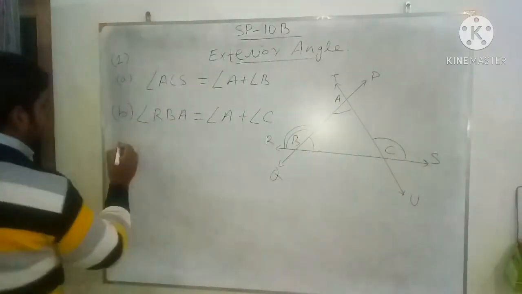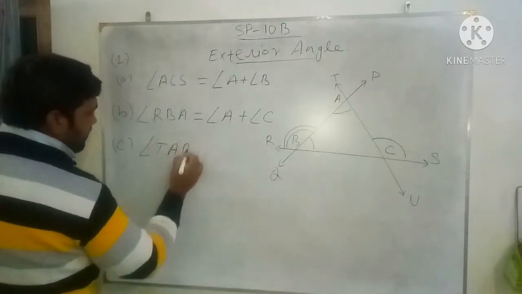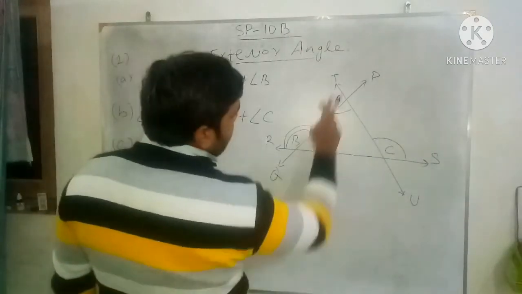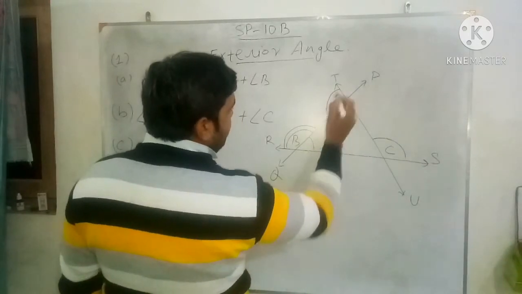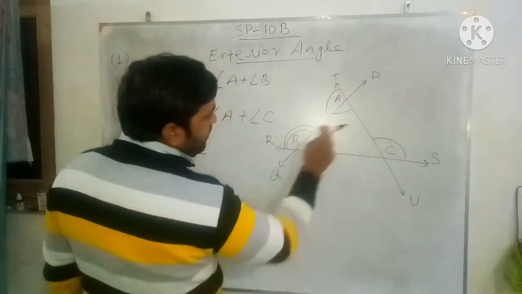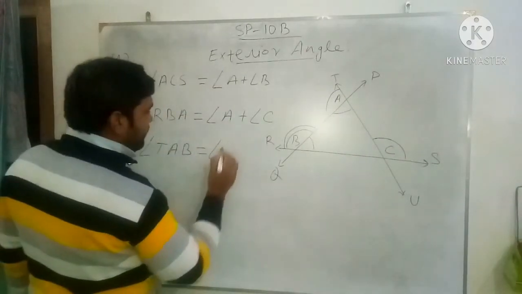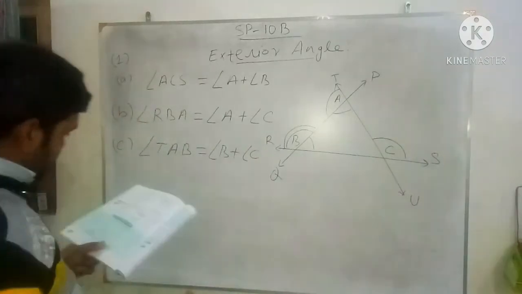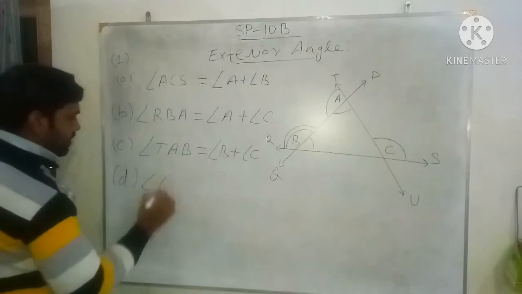Similarly, C: angle TAB. Angle TAB is the exterior angle, so its interior opposite angles are B and C. So you write angle B plus angle C. Similarly, D: exterior angle QBC.